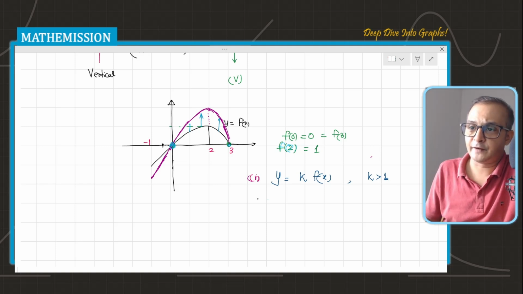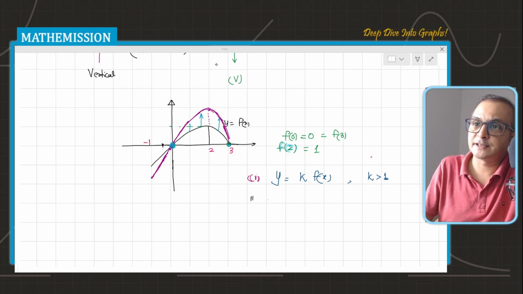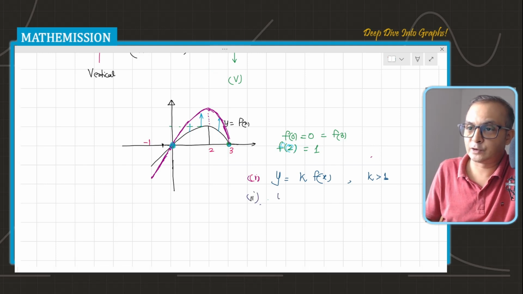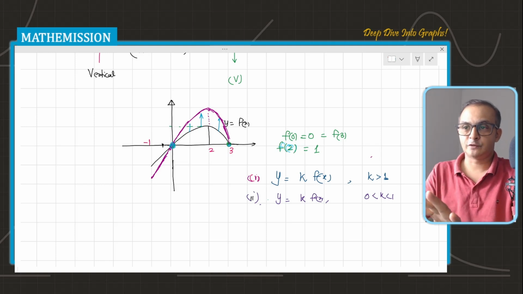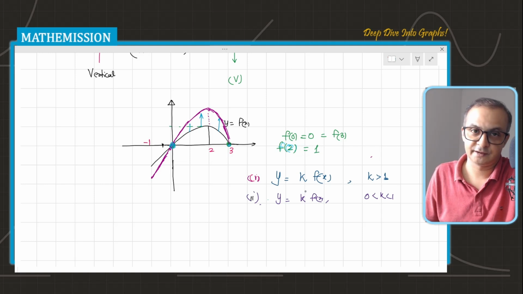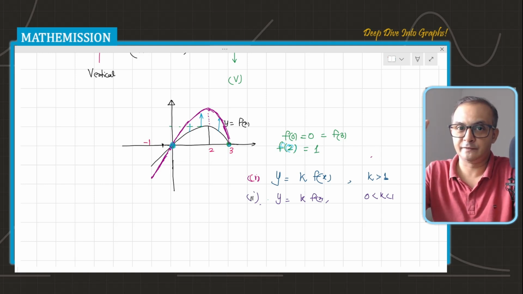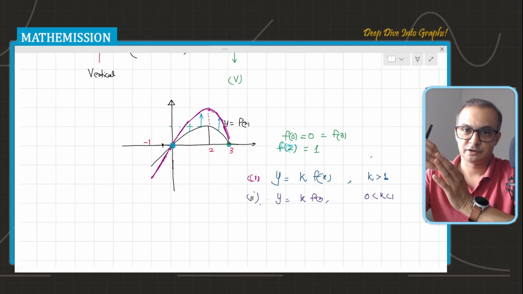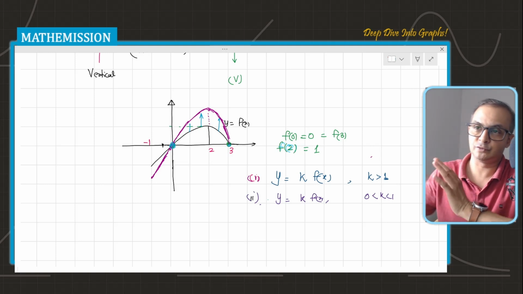Now what will happen if I take the second scenario, where k is lying between 0 and 1? When k is between 0 and 1, the value at 2 will now be diminished by the k factor, because the value of k is between 0 and 1.